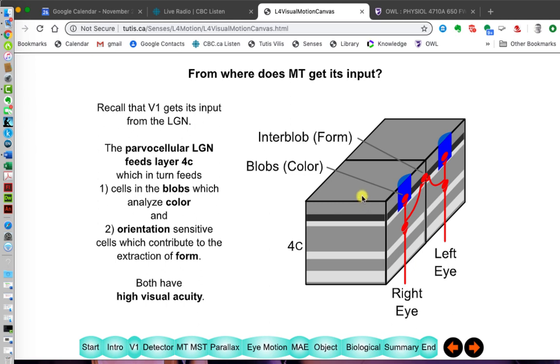The spokes gave us the form, the orientation of the simple cells and things like that. And the blobs give us the color. And they did so because of a projection from layer 4C to these higher layers.